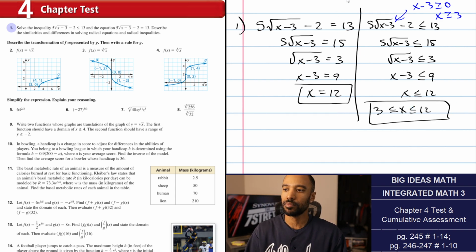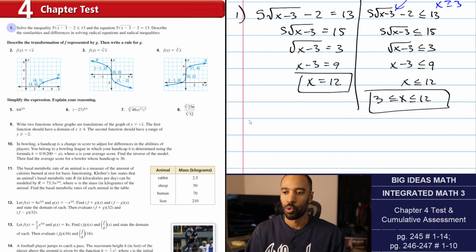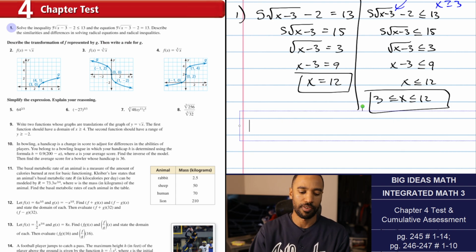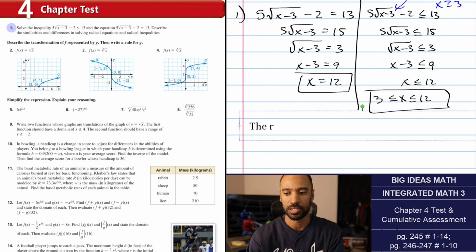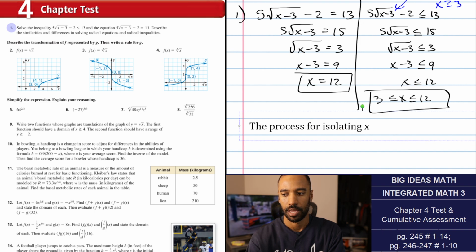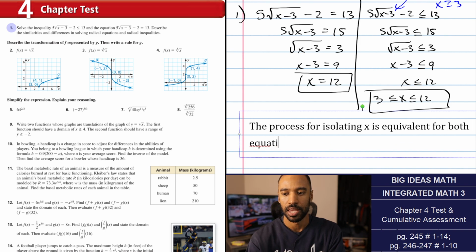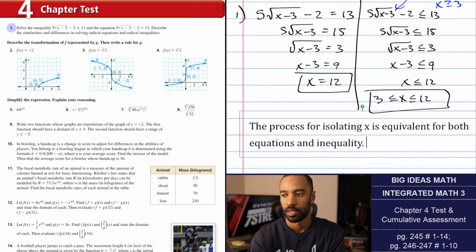All right, describe similarities and differences. When it comes to process, it is very similar. The process for isolating x is equivalent for both equations and inequalities. Now, sometimes you need to flip an inequality if you divide by a negative or something like that, but the process is the things you've got to do: add 2, divide by 5, square both sides, things like that.